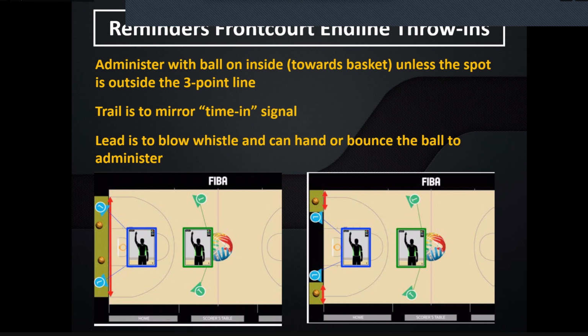What I'm going to say is this: if we want distance and stationary as in the IOTs, then doesn't it make sense to already have your distance and be stationary and bounce the ball where possible? If the throw-in is right here, then you're going to hand the ball because you're not going to take the extra steps further out than that. But the idea is distance and stationary and already having the field of vision that you need to cover the play.